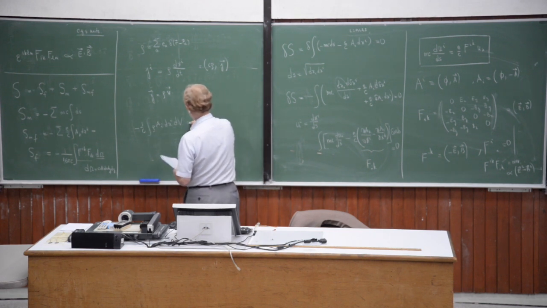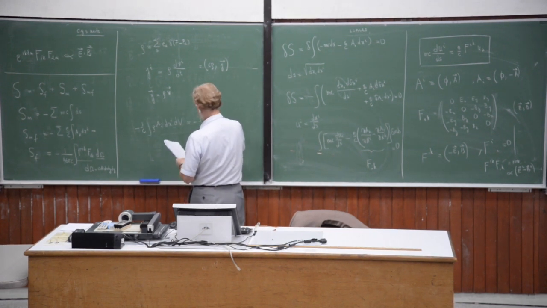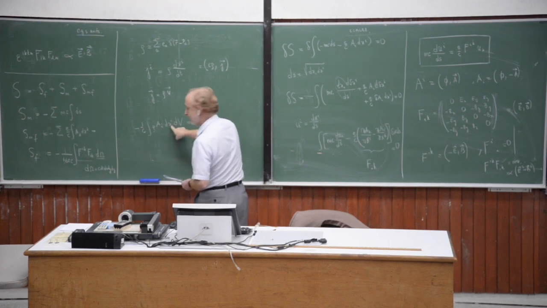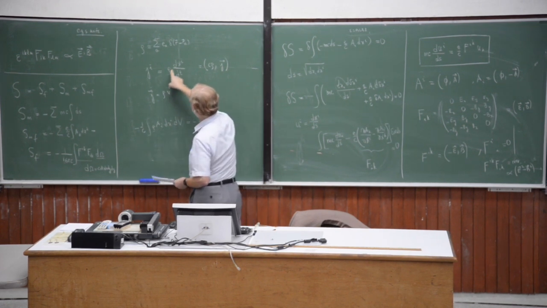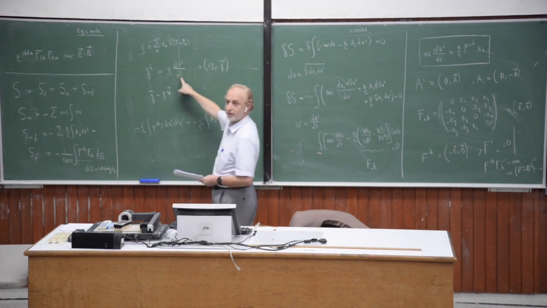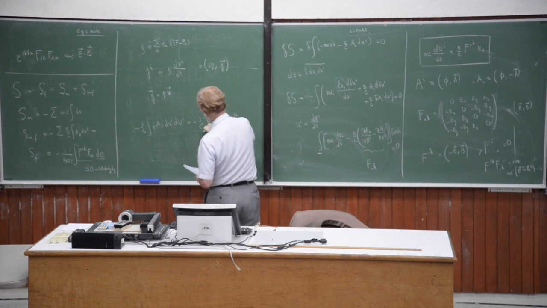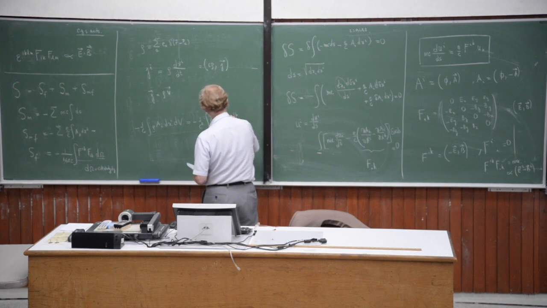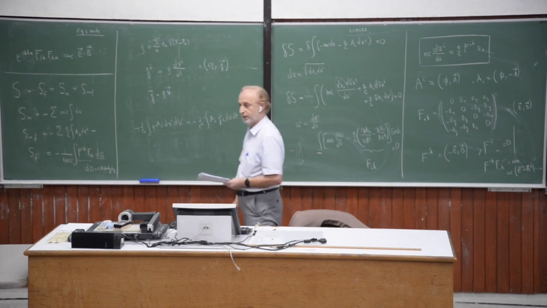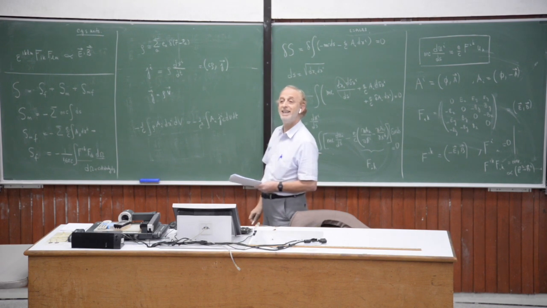So this is equal to minus 1 over c squared, the integral of A_i, where now I introduce rho dx_i as J_i dt, J_i dv dt, c dt, because I'm dividing by c squared here.